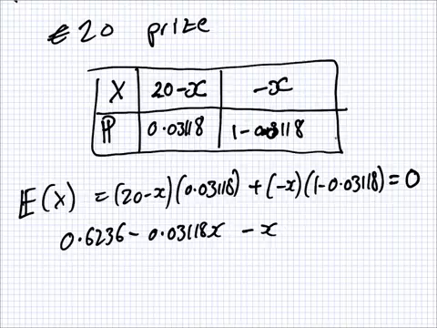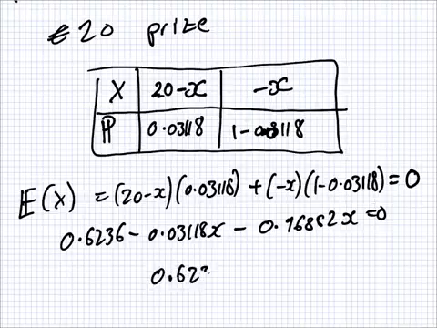So 0.6236 minus 0.96882x minus... no, combining the x terms gives 0.6236 minus x equals 0.